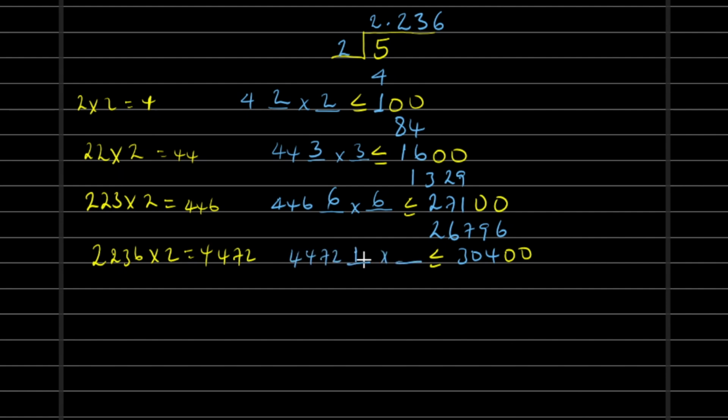If we insert 1 here, it becomes 44,721. But this is more than 30,400. So we must add 0 here. 44,720 times 0 becomes 0. And the next digit is 0. When we subtract, we get 30,400.